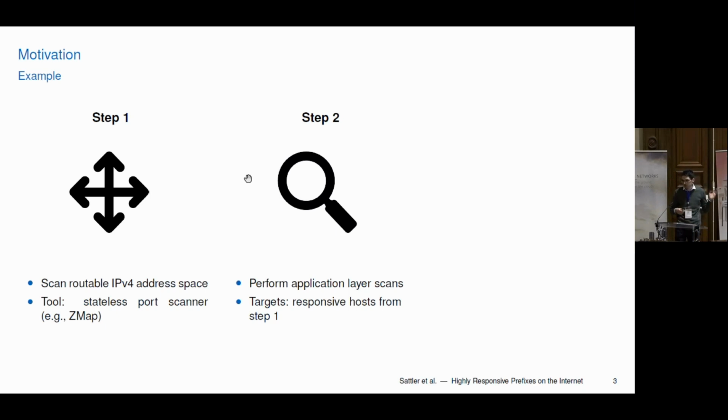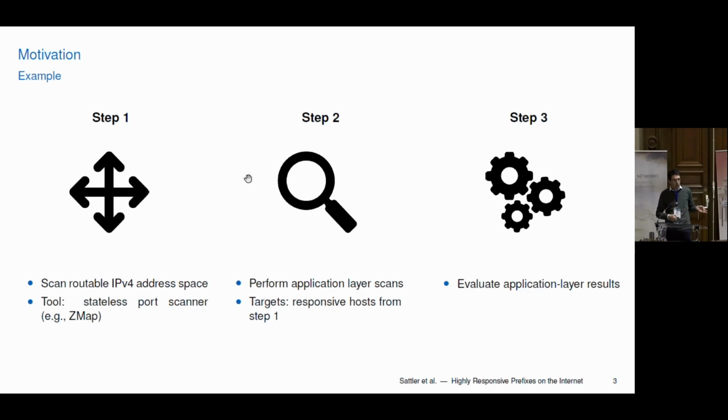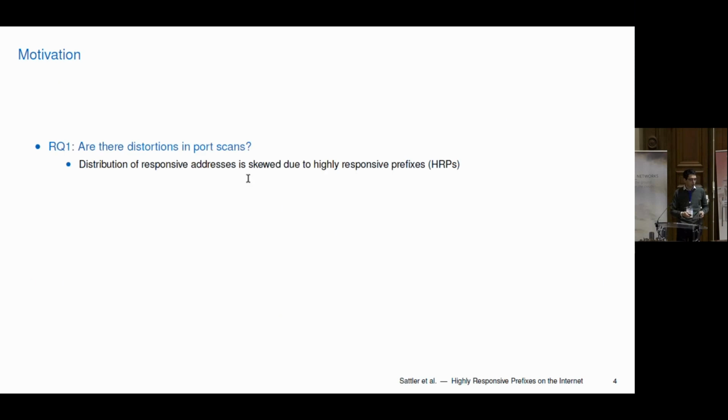These use the results of the first scan, and on top of these results, we then perform our evaluations and hopefully write our papers. I want you to keep in mind this example because we will work on this and make some statements based on this workflow.